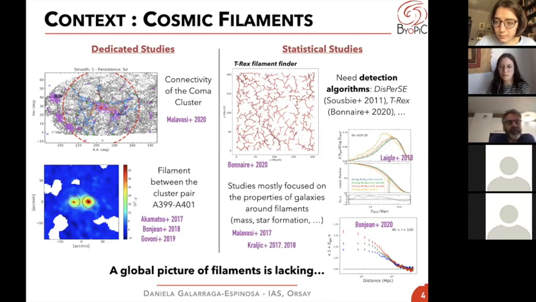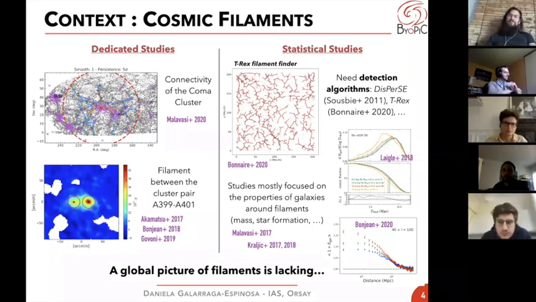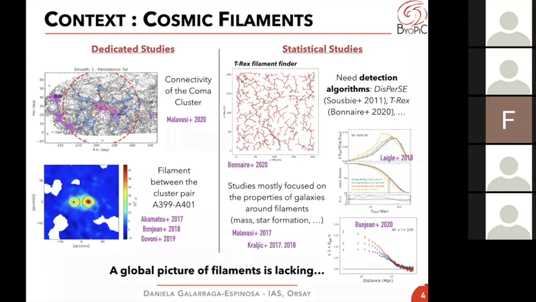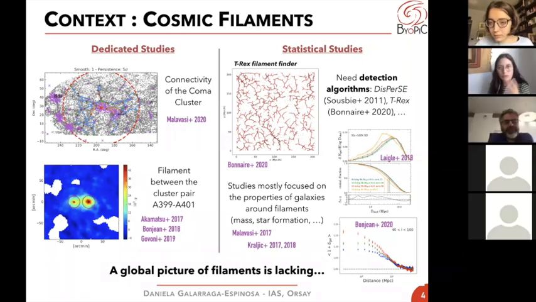Yes, that's true. This is something that Tony, the developer of T-Rex, is working on. The first part of his PhD was to compare different methods and to see which one was the best. Each method performs differently because the cosmic web is a multi-scale environment, so you have very long filaments, and if you zoom in, you have another kind of filamentary structures.